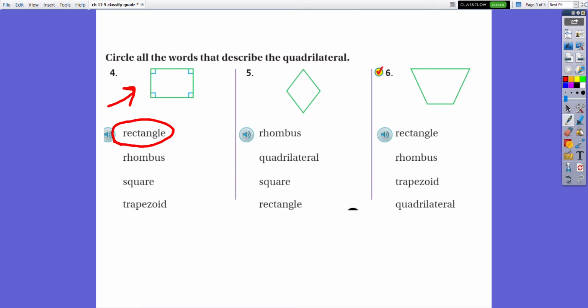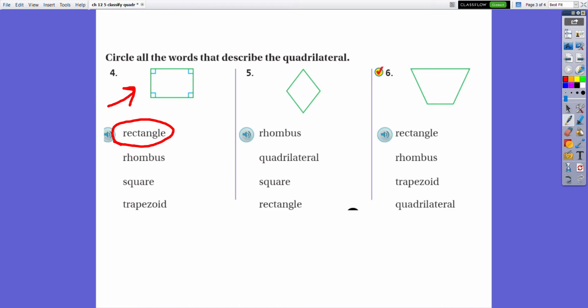Now, is this a rhombus? Can I say this shape is a rhombus? Well, remember, what does rhombus mean? Rhombus means two pairs of opposite sides that are parallel and four sides that are equal length. But this rectangle doesn't have four sides equal length. Two sides only are equal length and the other two. So this is not a rhombus.